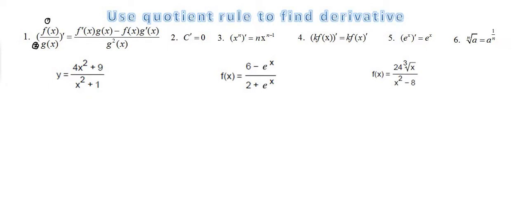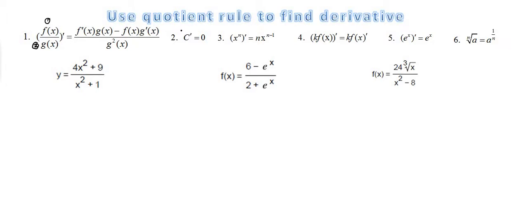The difference between the quotient rule and the product rule is that here we have subtraction, while in the product rule we have addition. And the second difference is in the denominator. In the quotient rule we have the second function squared. Here it is g(x) squared.